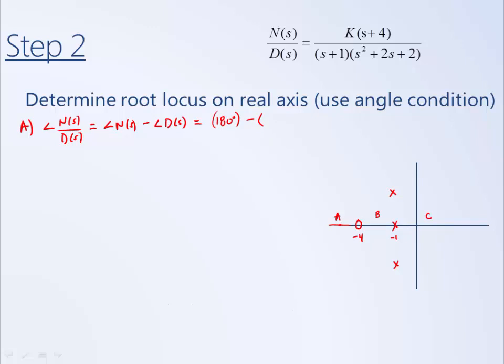Then we subtract angles from poles. And so in this case, if we draw a vector from this pole to our test point in the region A, it's also at an angle of 180 degrees because it's pointed that direction.